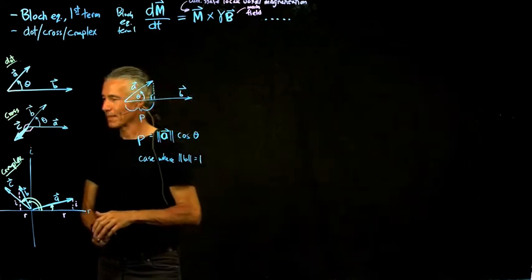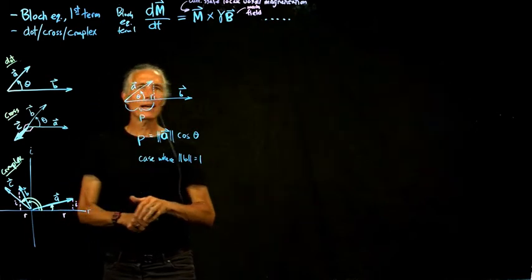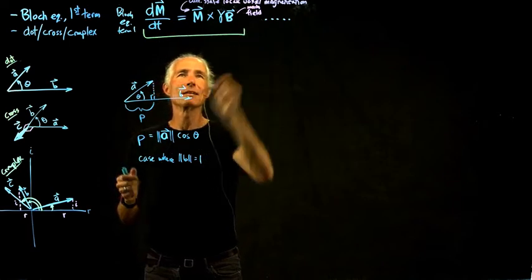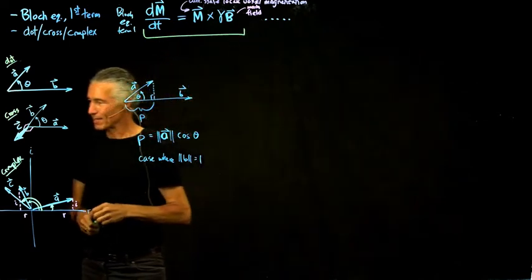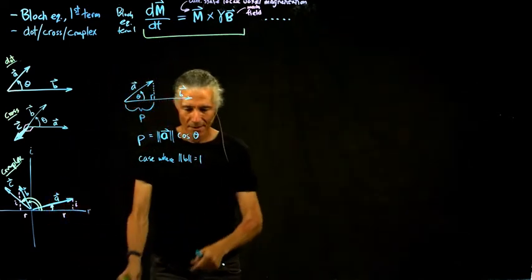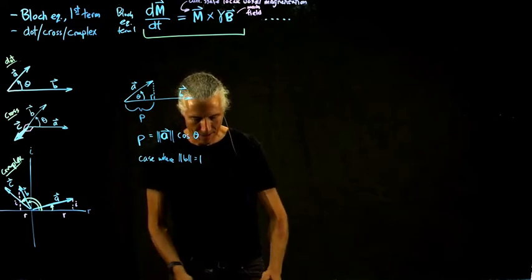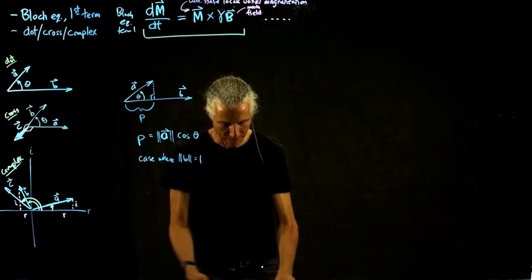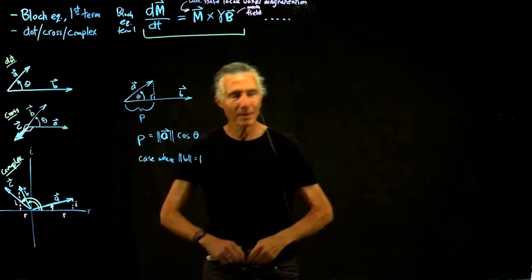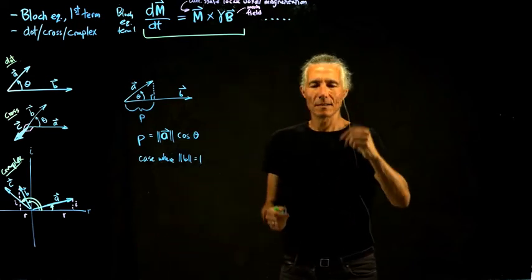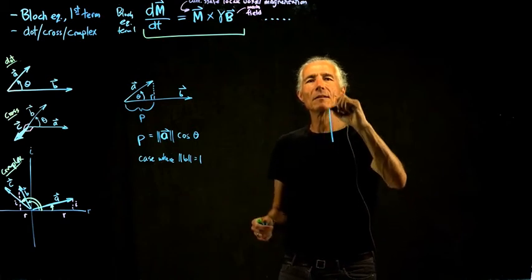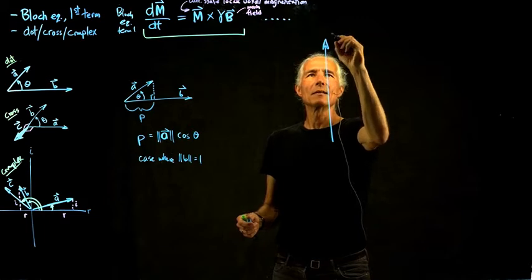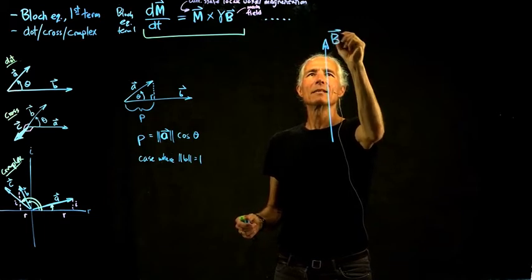Okay. So now let's go back to the Bloch equation and see what that means. If we put the Bloch equation, sort of a diagram of our basic Bloch equation, the first thing we'll do is have the direction.